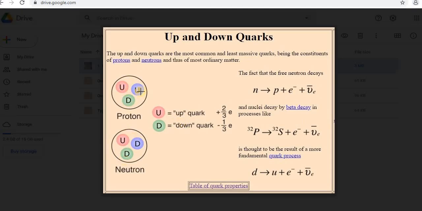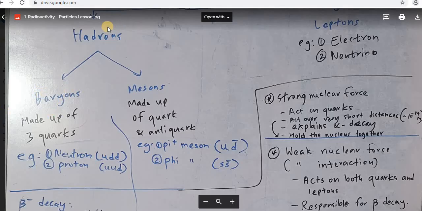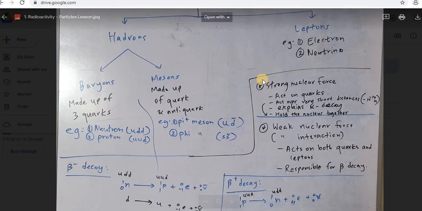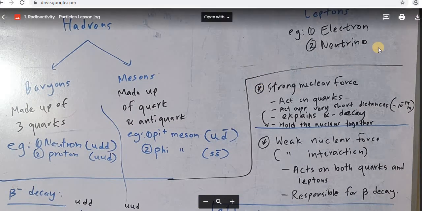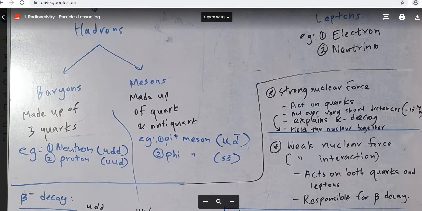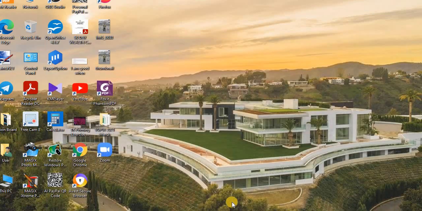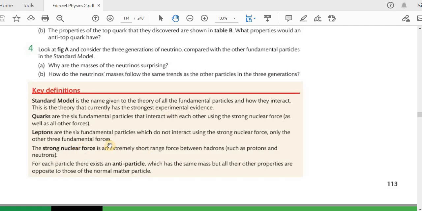You can see they are made up of 3 quarks. If they are made up of 3 quarks, they are classified under baryons, and baryons are classified under hadrons. And also you can remember quarks and leptons are fundamental particles. We can add that to this note here. Okay, so first we'll go through this part. Okay, so that part is now clear.